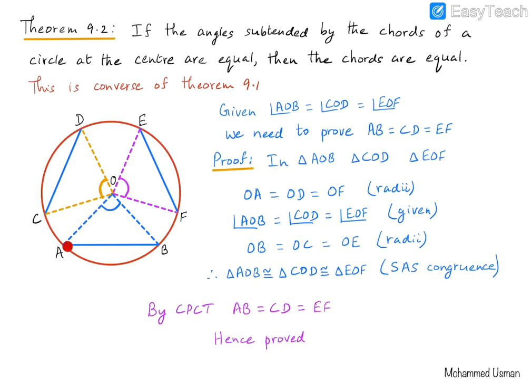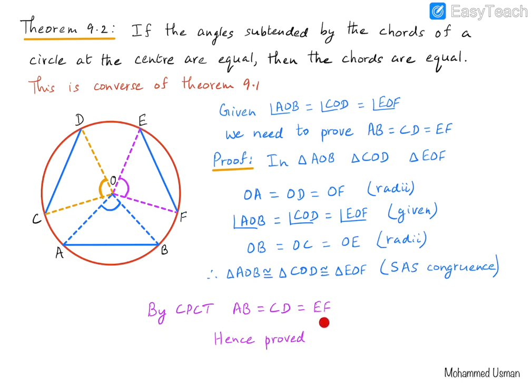So by CPCT, it is a fact now that AB is equal to CD equals EF, because AB, CD, and EF are corresponding parts of the three congruent triangles, right? AB is the base of this triangle, CD is the base of triangle COD, and EF is the base of the triangle EOF. So by CPCT rule, AB equals CD equals EF.